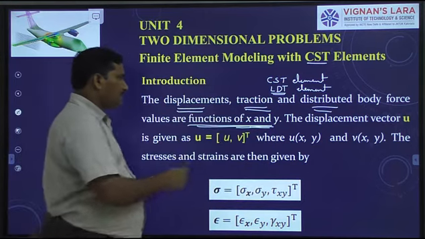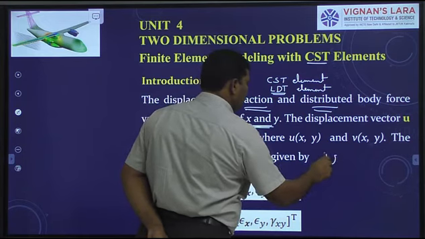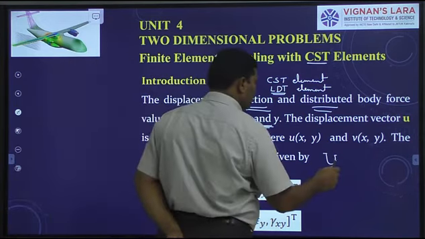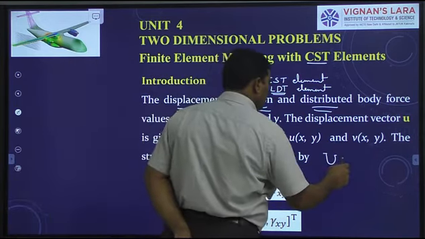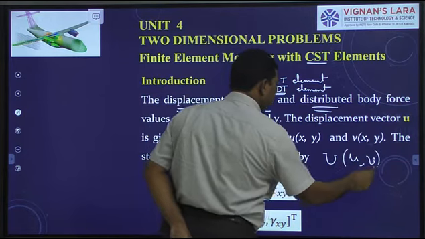Therefore, we can express the displacement vector capital U as a function of two variables, say u and v, which are the functions of variables x and y. Here the displacement vector U has two components, u and v.